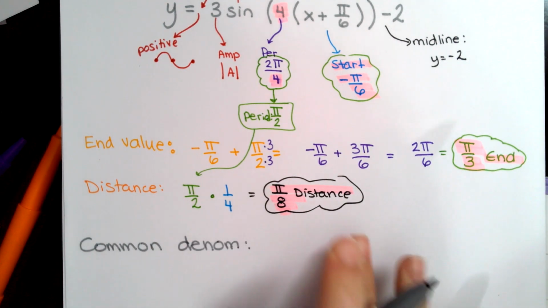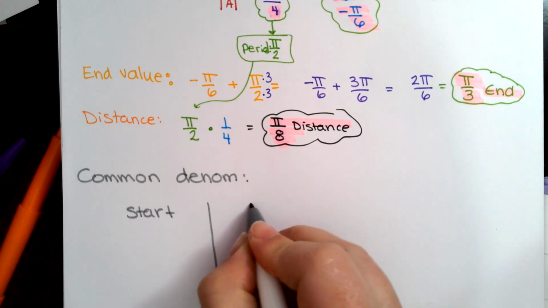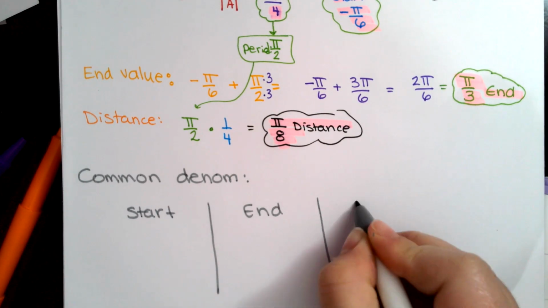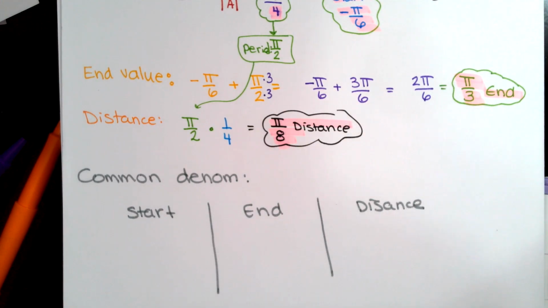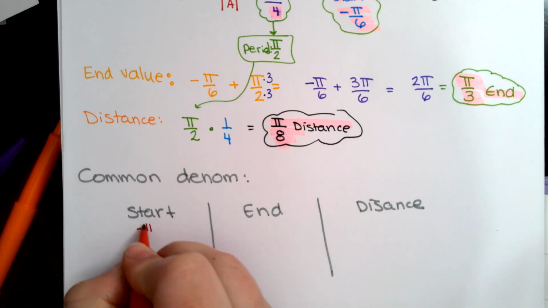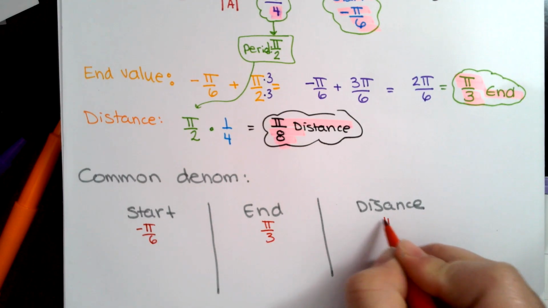And again, the common denominators that we want are for the start, the end, and our distance. So I'm looking at 6, 3, and 8. So common denominator would be 24. The start right now is negative pi 6. The end right now is pi thirds. And the distance is pi eighths.